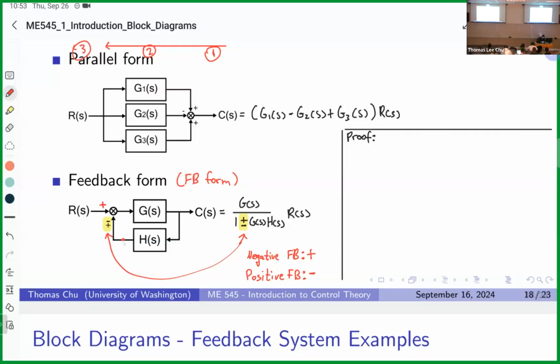If I look at this point here, the signal here is going to be H of S multiplied by the output, C of S. This signal here is going to be R of S minus plus H of S times C of S. Maybe I should choose a different color. I'll do a different color so it's less confusing.